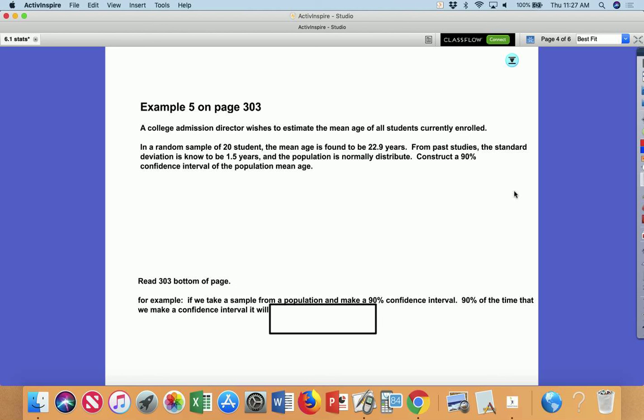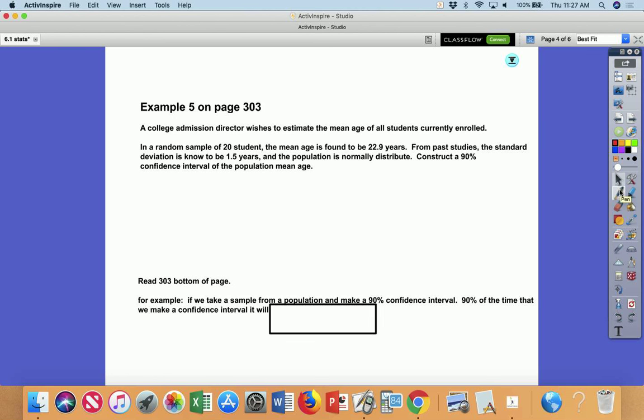Maybe it's not a part of their information. It says in a random sample of 20 students, the mean age is found to be 22.9. From past studies, the standard deviation is known to be 1.5 and the population is normally distributed. Construct a 90% confidence interval for the population mean age.